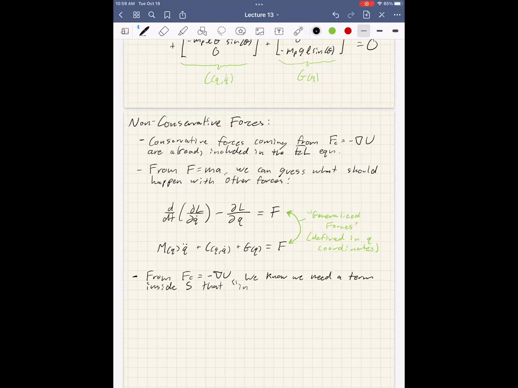So we want something that integrates F, whose variational derivative with respect to q of t is F. Remember our Euler-Lagrange thing is basically this.